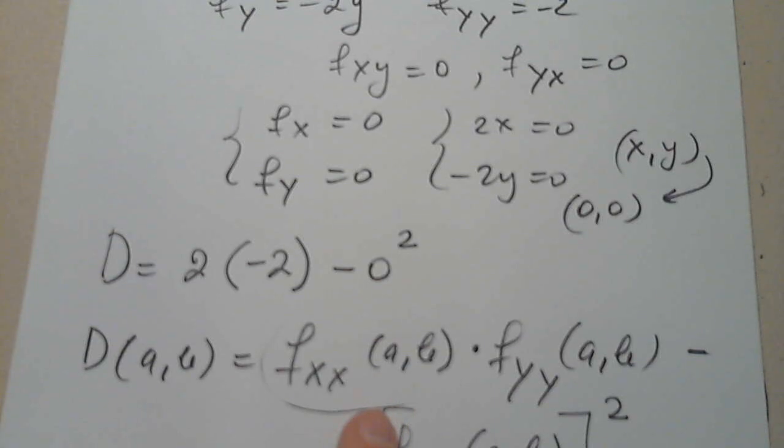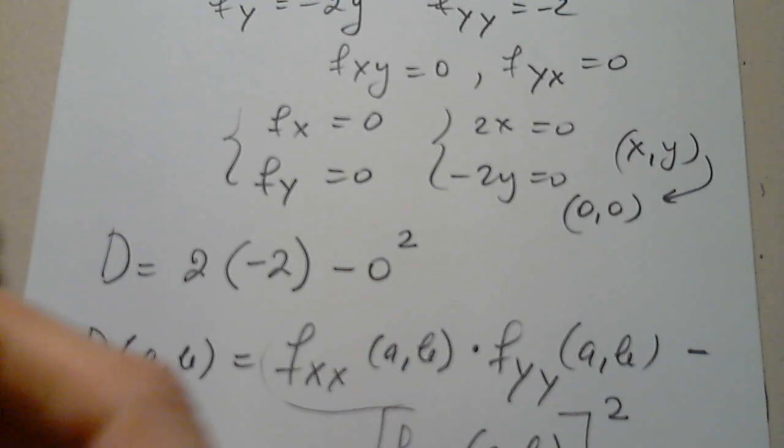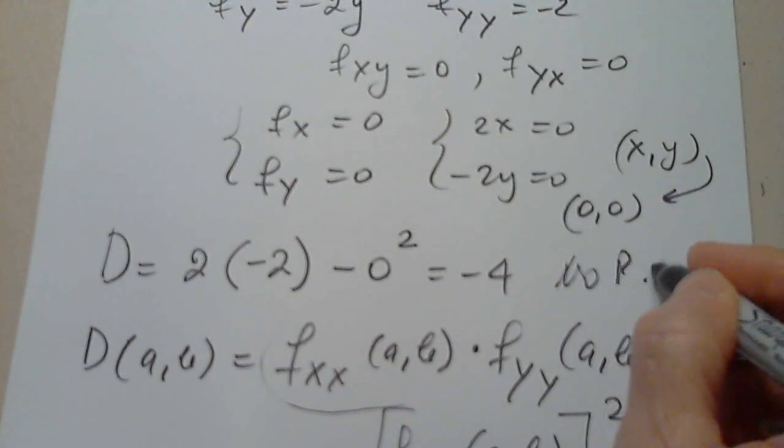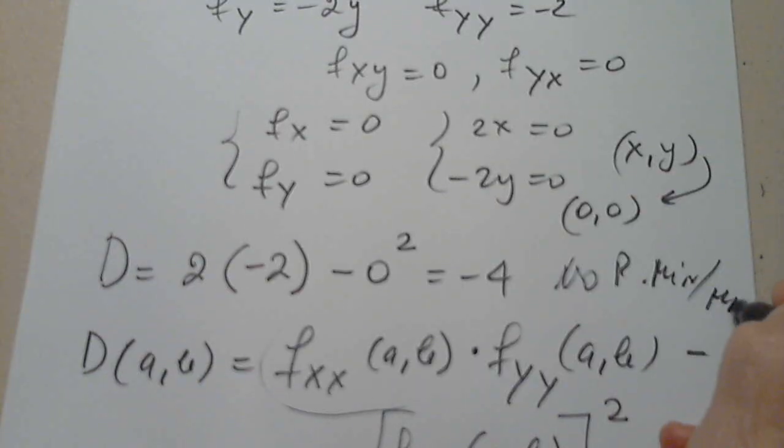If fxx is negative, then it's a relative max. But it happens for this calculation that this is negative 4. So no relative min or max, because we found d to be negative.